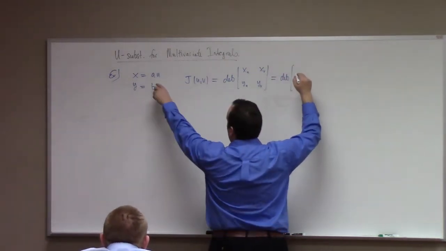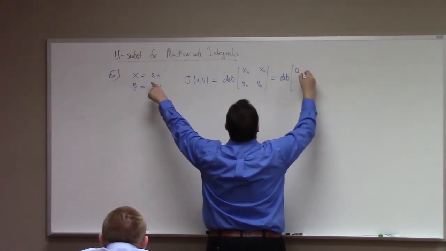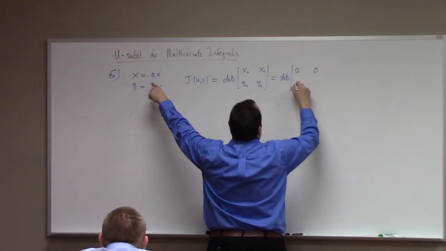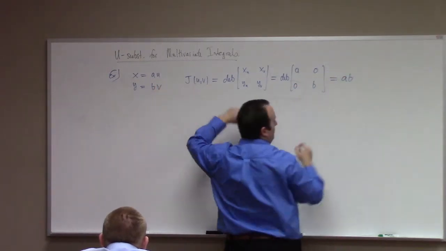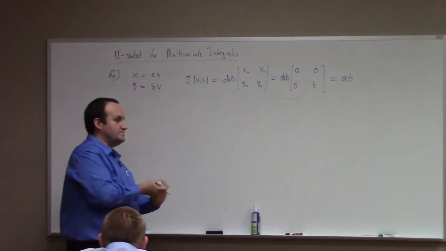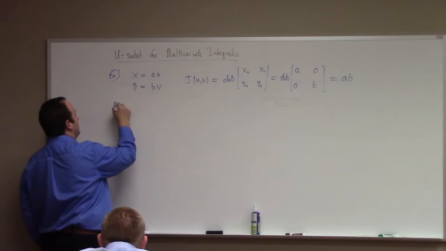Let's see, the u derivative is a, 0, 0, b. So it's just ab.